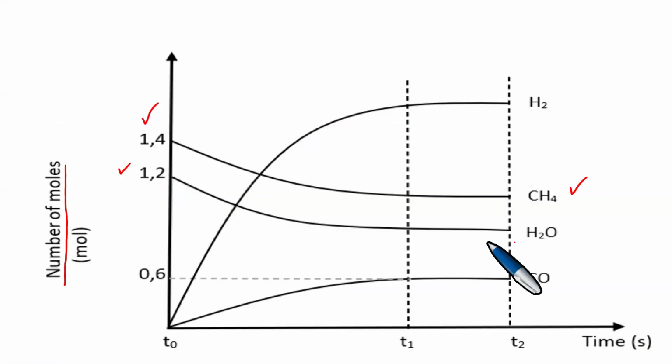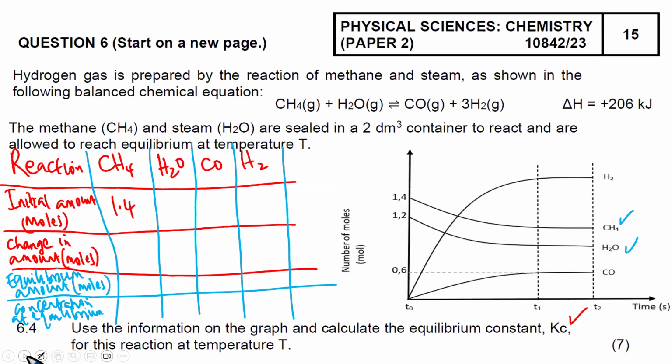And then here you have water, whose initial number of moles at time t0 is 1.2. In the beginning you had no products at all. You only had the reactants, in the 2 cubic decimeter container: methane and steam, mixed together.